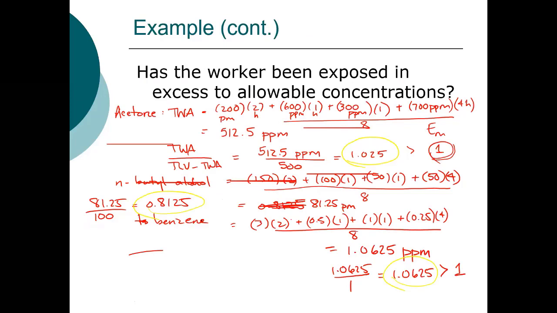Is it less than 1? I'm already in trouble with this situation because I have two chemicals for which this ratio is already greater than 1. Now the question is, can I sum them to determine an equivalent exposure?